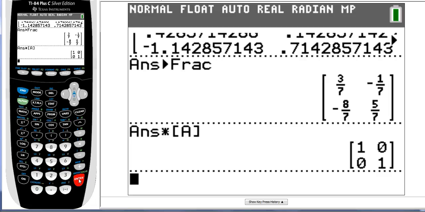I can also do it the other way around, and I should also get the identity matrix. So I can tell that these are inverses because if I take A times the inverse of A, I get the identity matrix. If I take the inverse of A times A, I would also get the identity matrix. So I know that they're inverses of each other. All right, and I think that should do it.